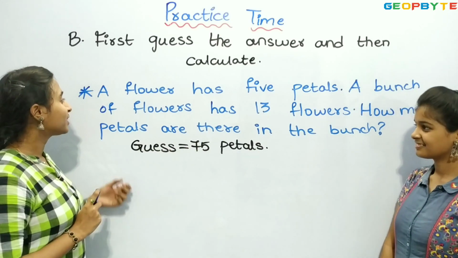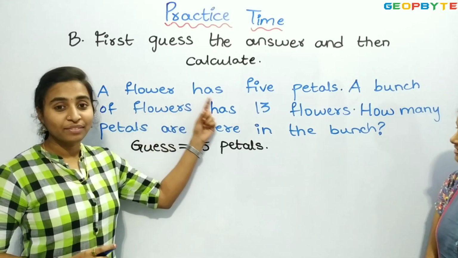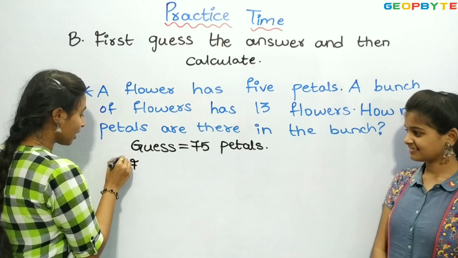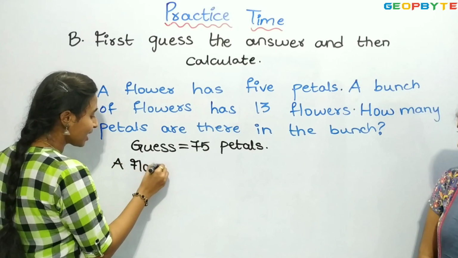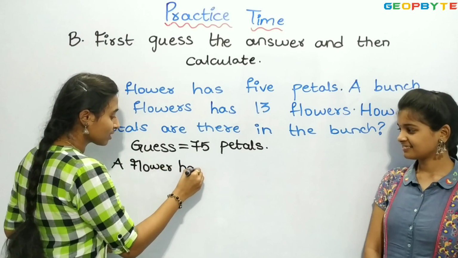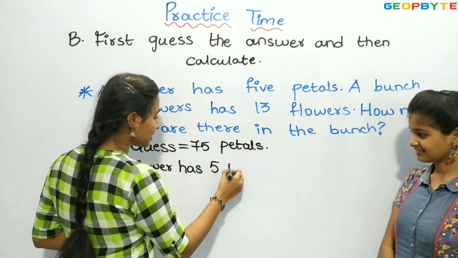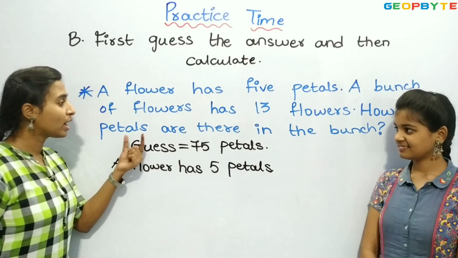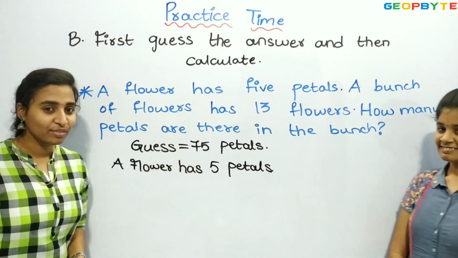So let us write the given information. A flower has 5 petals. A bunch of flowers has 13 flowers.